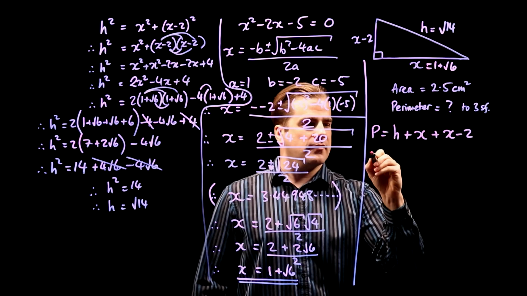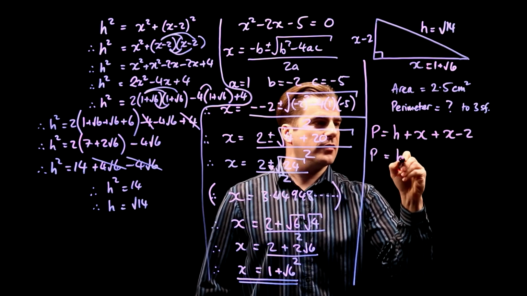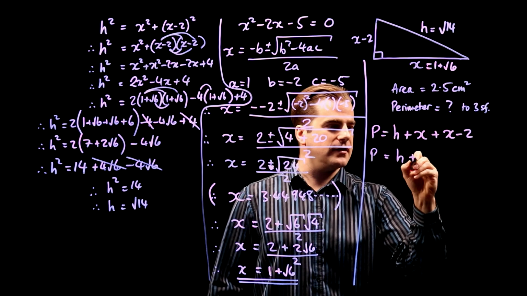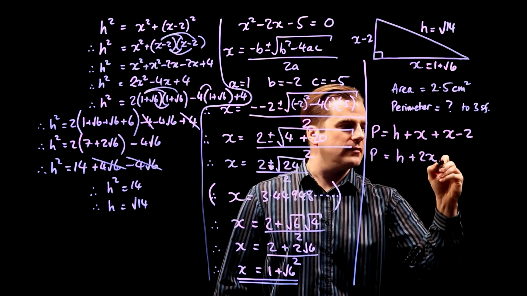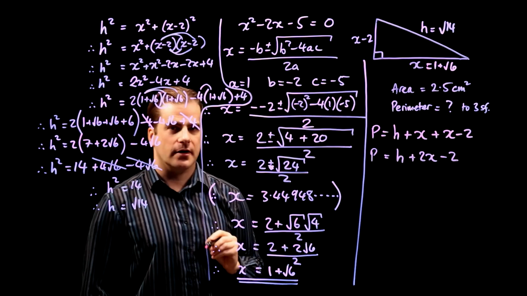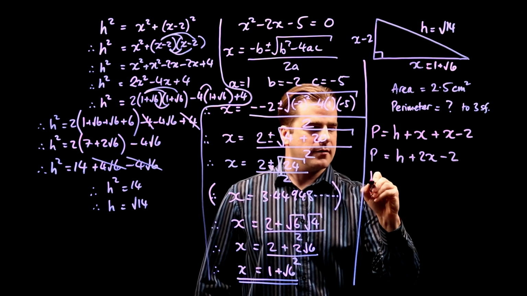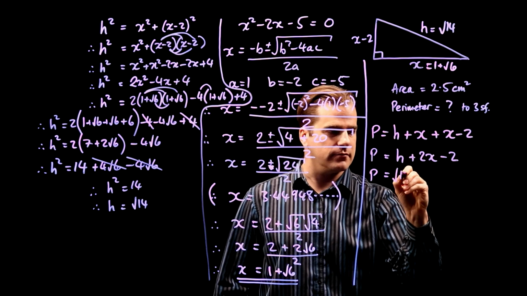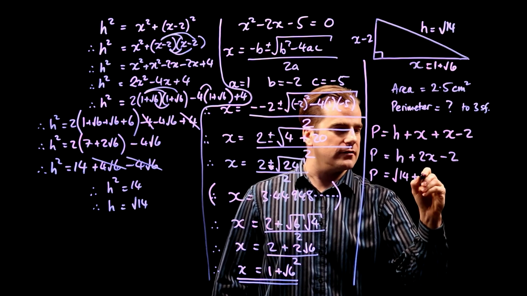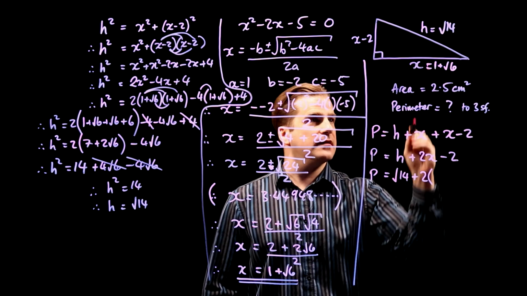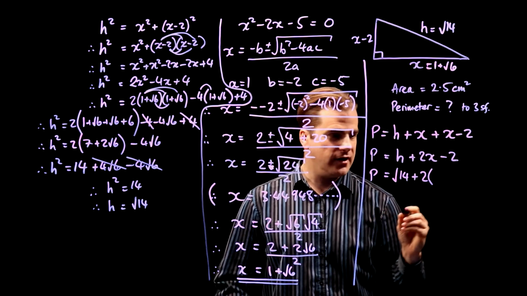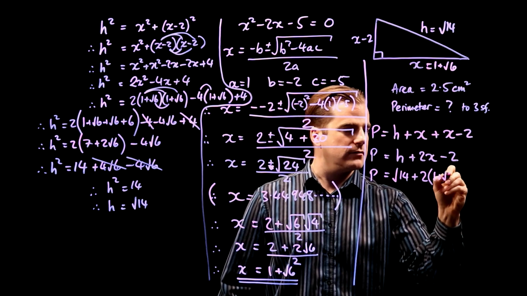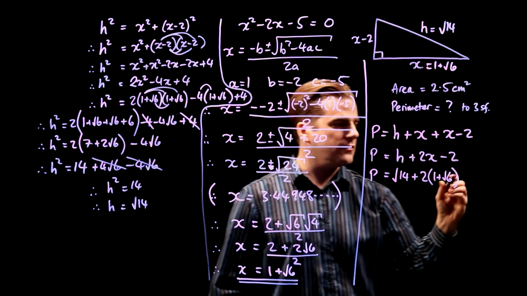Okay, so the perimeter is hypotenuse, x plus x is 2x, minus 2. So the perimeter is, the hypotenuse is root 14 plus 2 times x, where x is 1 plus root 6, minus 2.